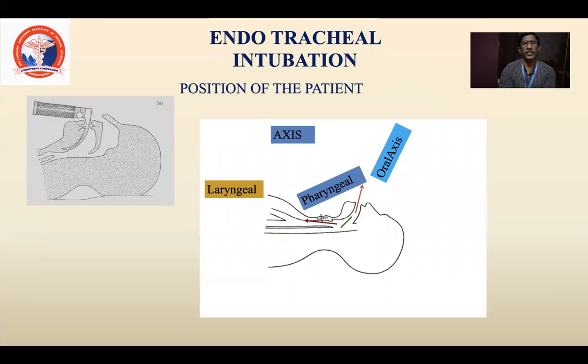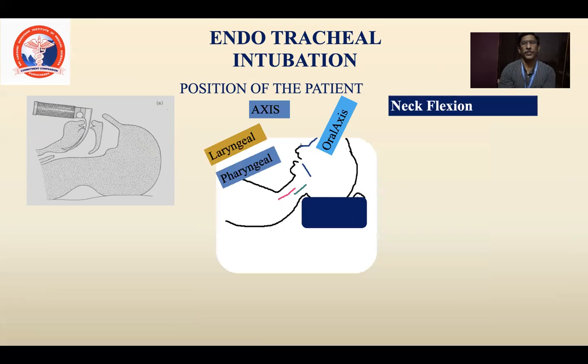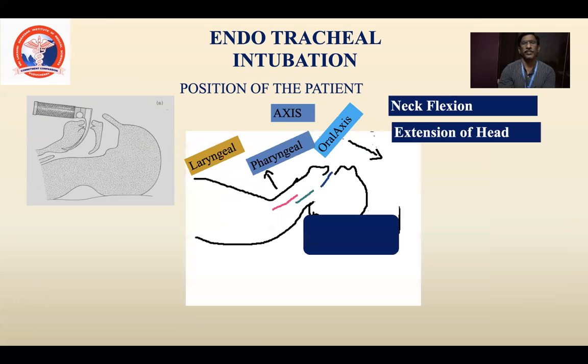Regarding endotracheal intubation, we should know the position of the patient. Three axes are there: oral, pharyngeal and laryngeal. They are in different directions. So if we place a pillow, it causes neck flexion, thereby bringing the laryngeal and pharyngeal axes in the same line. Then the extension of the head brings the oral axis in line with the other two axes.